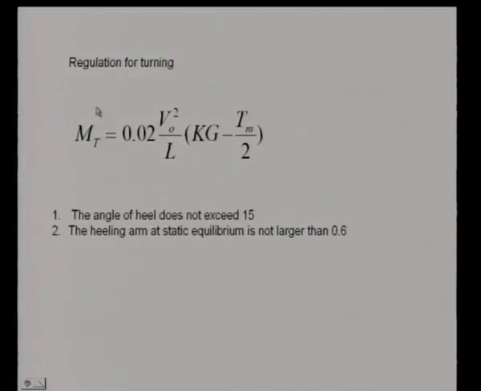For turning, I mentioned this already, but what really happens in the case of turning is that you have a force acting and you have a moment caused due to it.